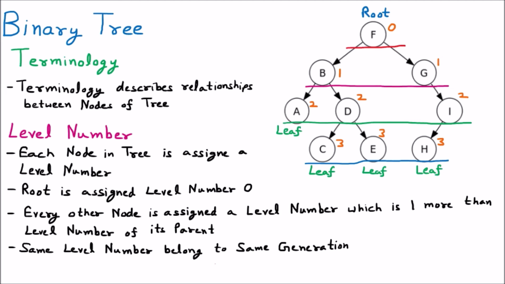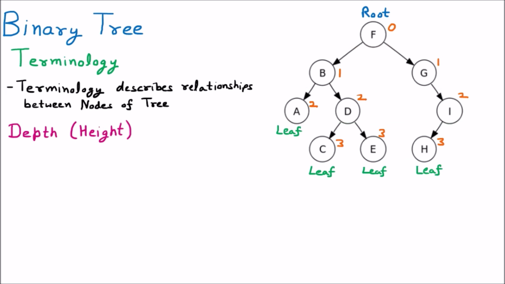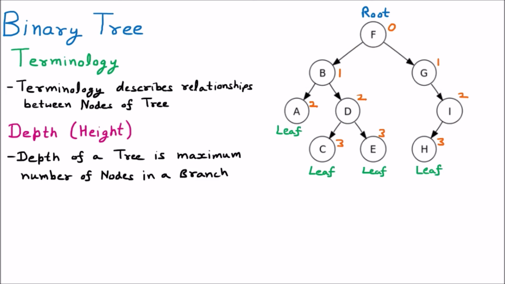Now we are discussing the next thing, which is the depth or the height. The depth of a tree is the maximum number of nodes in a branch. And what is a branch? We know that the path which ends at the leaf nodes is called the branch. First of all, we are finding the maximum branches.